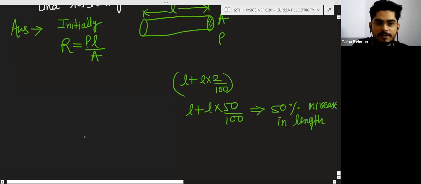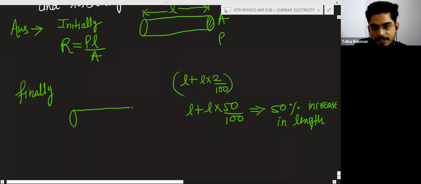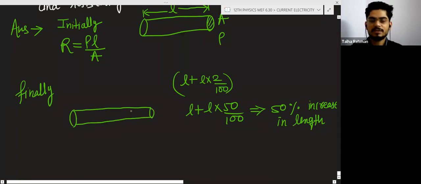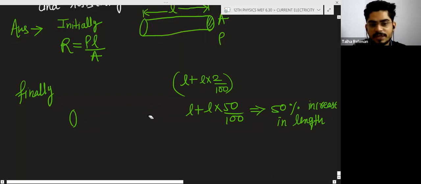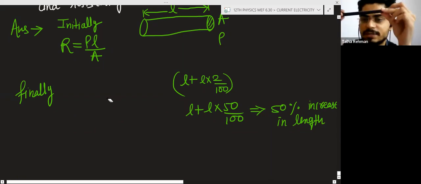So now finally, same conductor we have, but this time the length is increased. And you can imagine if you increase the length, the cross section area will decrease. This is a pen, a cylinder, a cylindrical conductor.